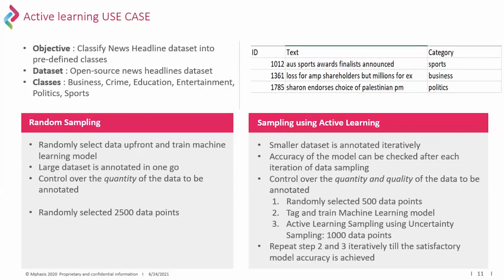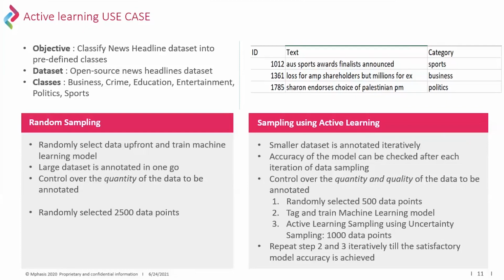With active learning, we can select a very small amount of data for labeling, build a machine learning model, and then by using active learning, we can do targeted sampling. With the active learning technique, a user has control over the quality of the data as well as the quantity of the data. I'll be explaining this use case in detail in later slides.